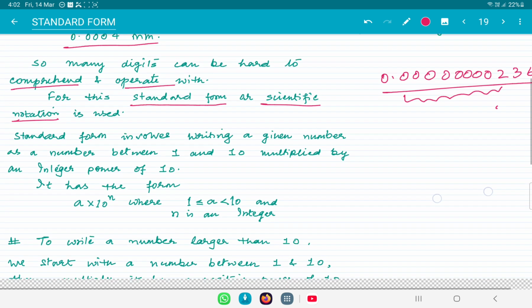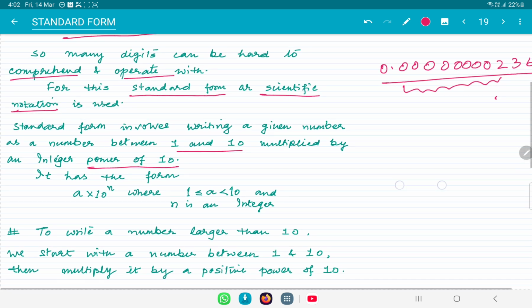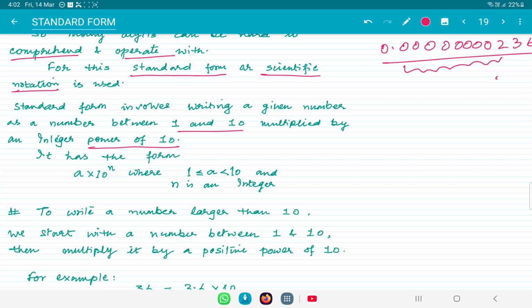Standard form involves writing a given number as a number between 1 and 10 multiplied by an integer power of 10. Again I am explaining: whatever number they have given you, you write it as a number between 1 and 10 multiplied by an integer power of 10.